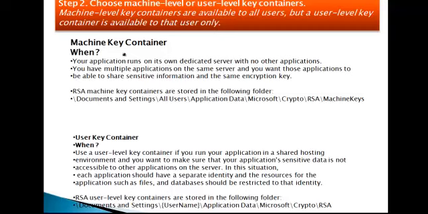Here is the scenario for when we use the machine key and when we go with the user key. If you have a dedicated server with multiple applications on the same server and you want to share the same key with all the applications, go with the machine key. But if you have hosted your application on a shared server and you want to keep your application isolated from the other applications, then go with the user key container.